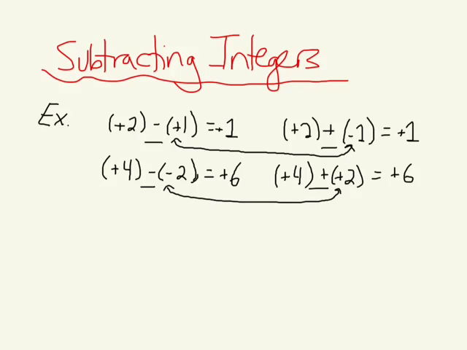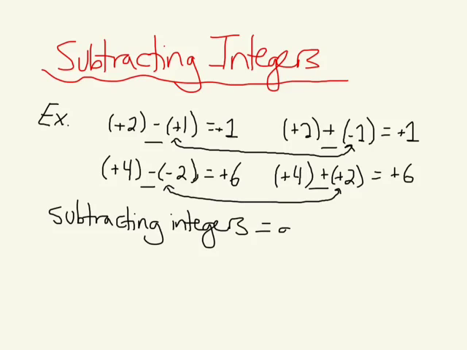The operation that we're doing, we're switching from subtracting to addition, and then we're switching the sign of what we are subtracting. So another way of saying this is subtracting integers equals adding the opposite.